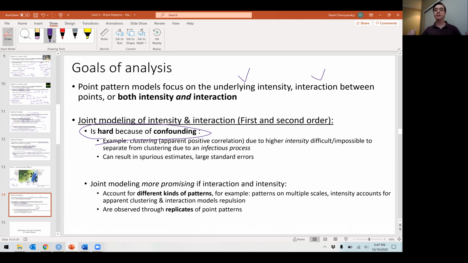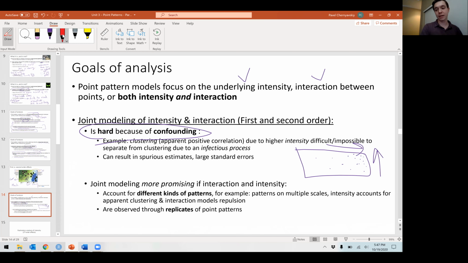You can analyze them both, but it's hard because of confounding. And specifically, it's the positive correlation component. A model cannot tell apart whether the apparent clustering is due to a spatial trend. If you have clustering in a corner, is that because there is a spatial trend with respect to both X and Y?